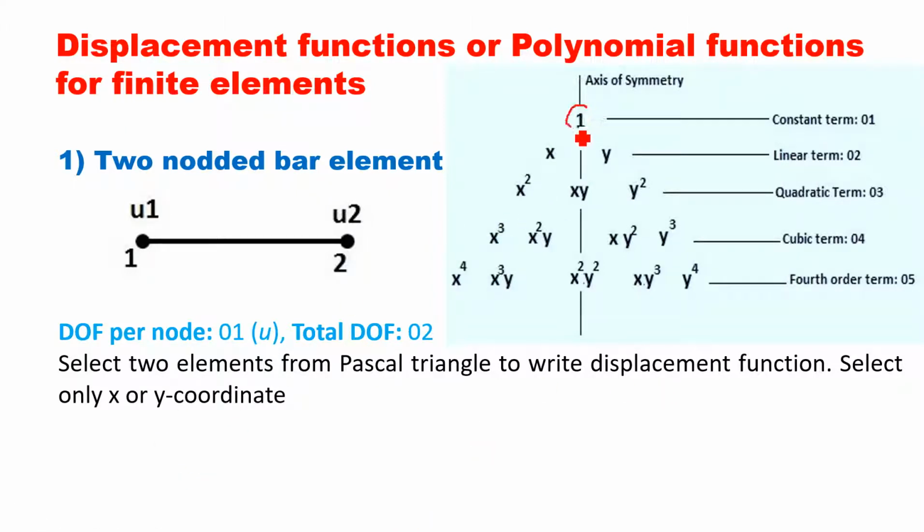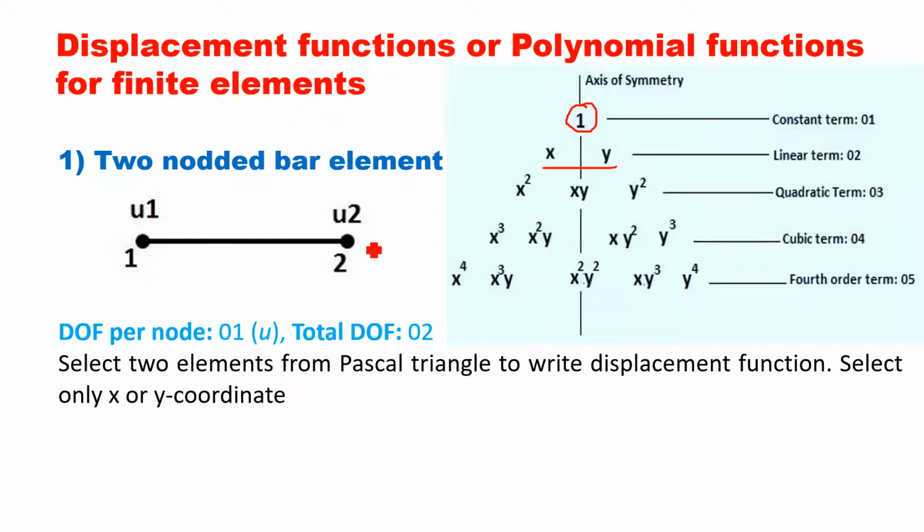So first element is 1. That is a constant term. Of course we have to start from the top first row. Now if you shift to second row of Pascal triangle, we have 2 options, either x or y, right? But now since our bar element is horizontal in x direction only, we have to select only x coordinate. We cannot select y coordinate.